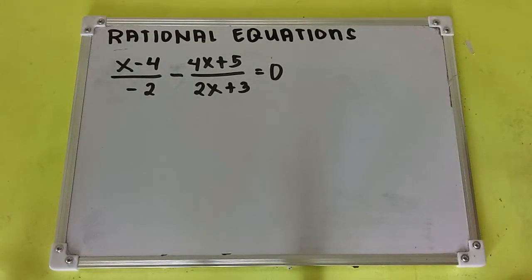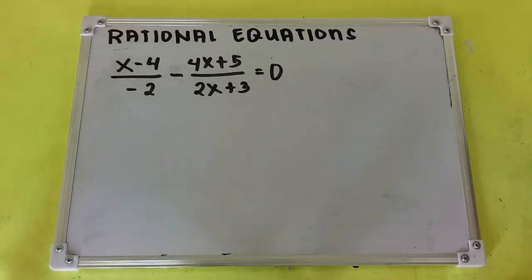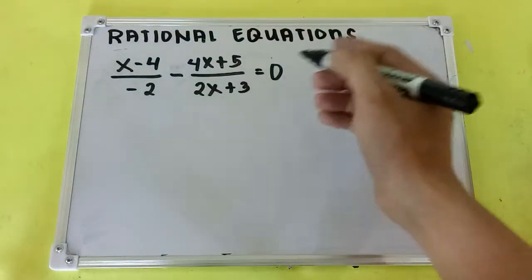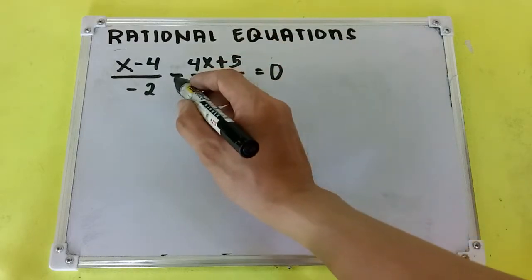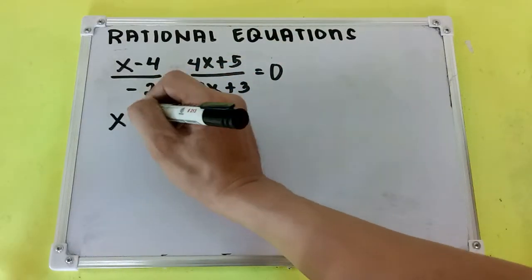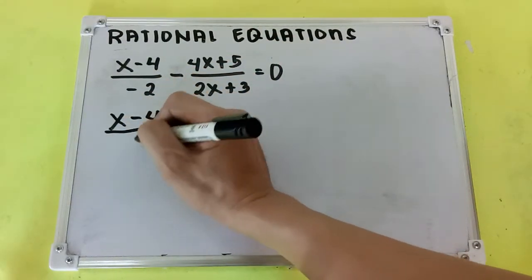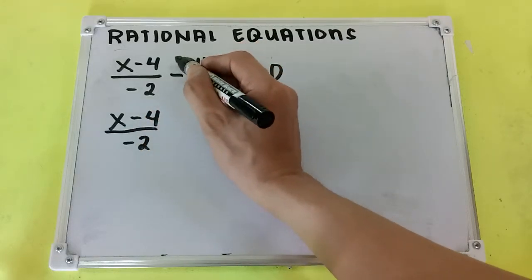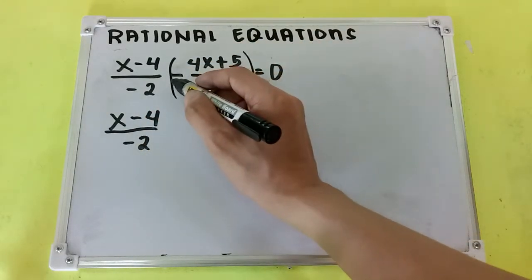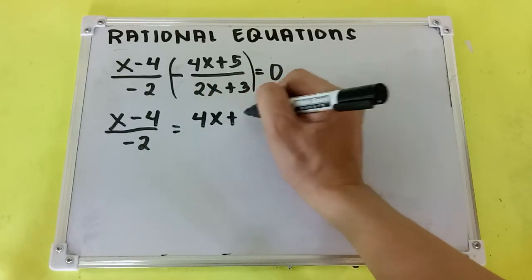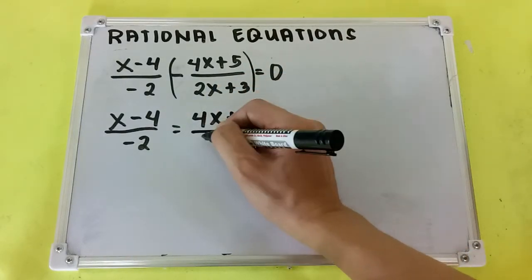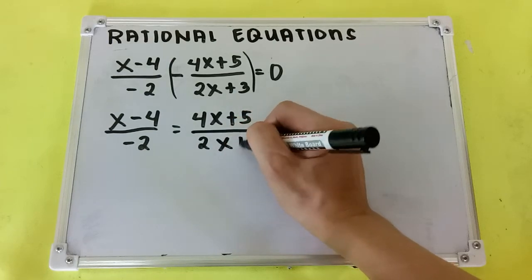So what we will do is move this whole expression to the other side. Since it is minus, we just copy this over negative 2. Since this whole expression is negative, it becomes positive: (4x + 5) over (2x + 3).